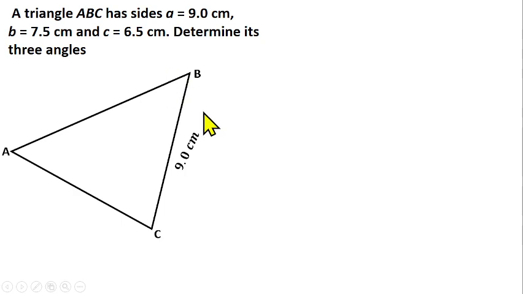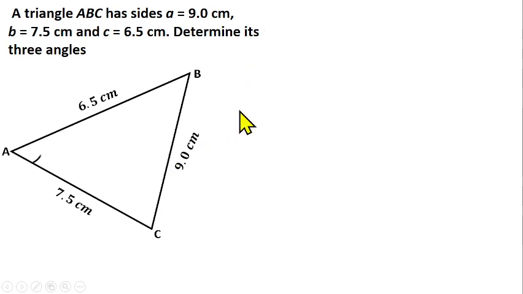This is angle B, so the side facing it should carry small letter b, so you have 7.5 here. And this is angle C, then the side facing should carry small letter c, which is 6.5. So you have 6.5 here, and we have 7.5 centimeters here.